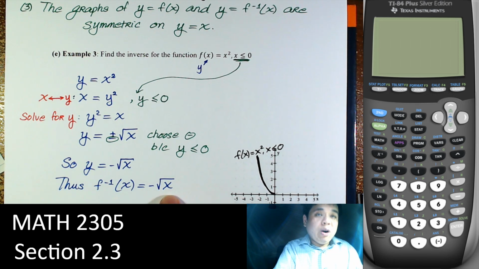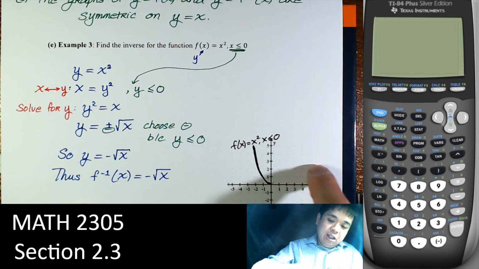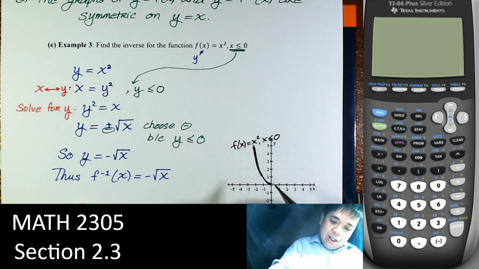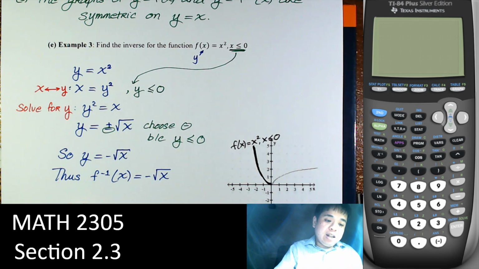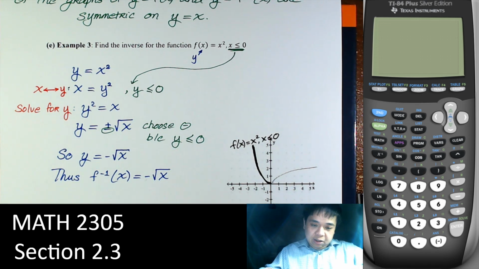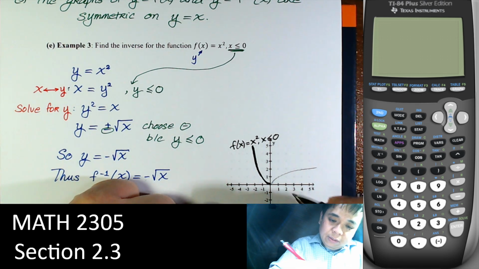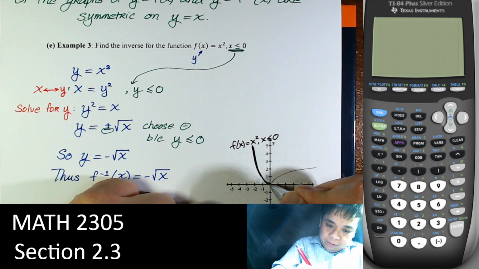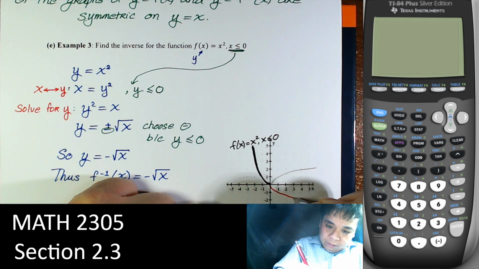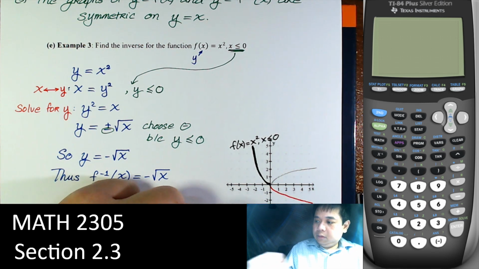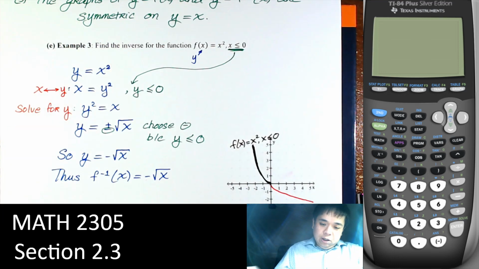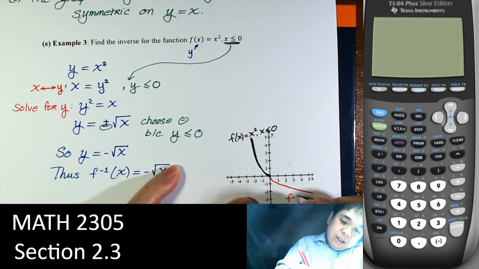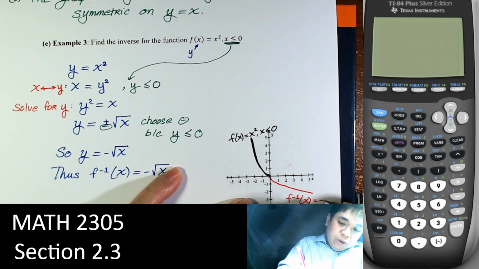Now we're going to graph square root of x. Square root of x is this, and then we'll reflect that because of the negative. So this is f inverse of x equals negative square root of x.